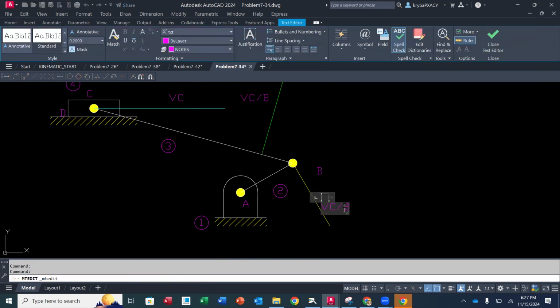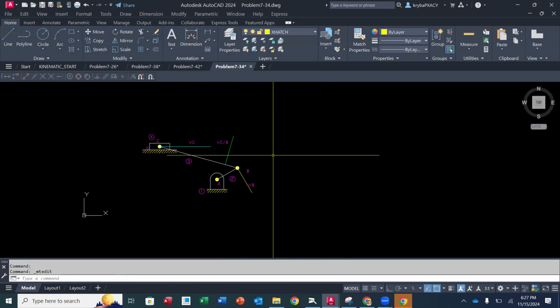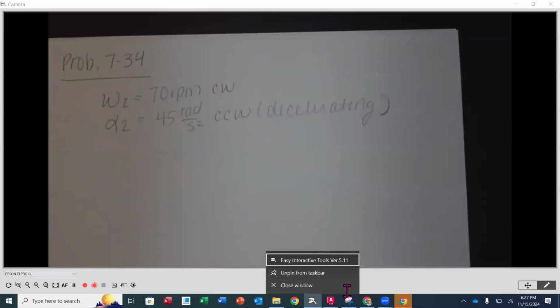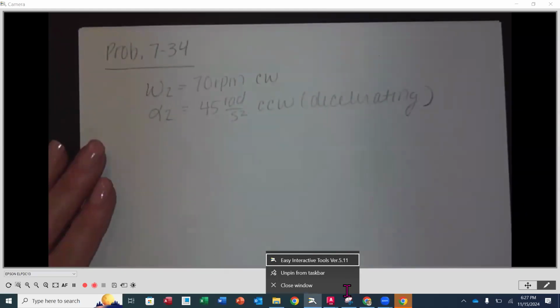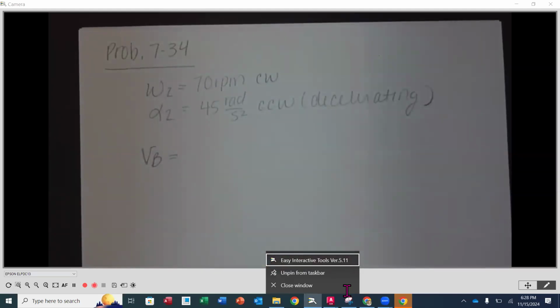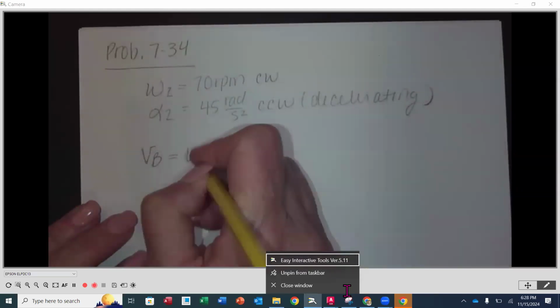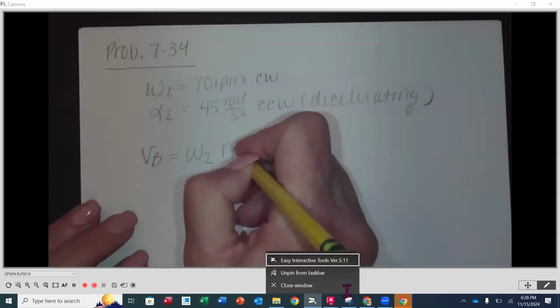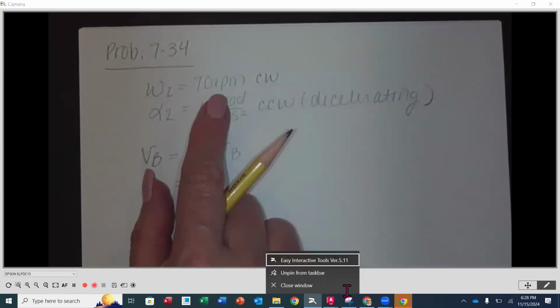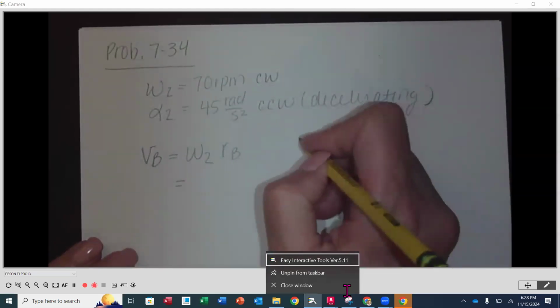So let's calculate the magnitude of velocity of B. So I'm going to go back underneath here. I'm going to calculate the velocity of point B, because it's on the end point of the length that we know everything about. It's going to be W2 times the radius to point B. Now, W2, we can't put the 70 RPMs in here, so we have to convert this to radians per second.